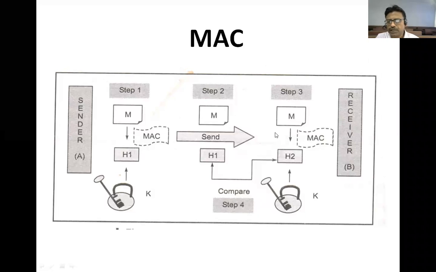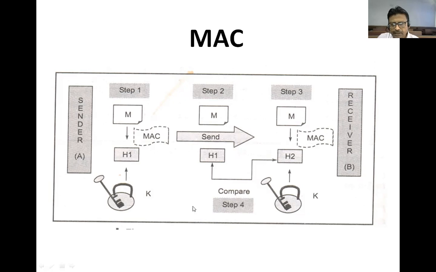The second significant point is, since the users are using a shared symmetric key, the receiver will be able to authenticate that this message indeed has come from the sender, because the shared secret key is shared between A and B. And since A is calculating its MAC value with the help of the shared secret key, and B is calculating its MAC value with the shared symmetric key, if B finds H2 equal to H1, receiver B will be able to show that this message has come from A.